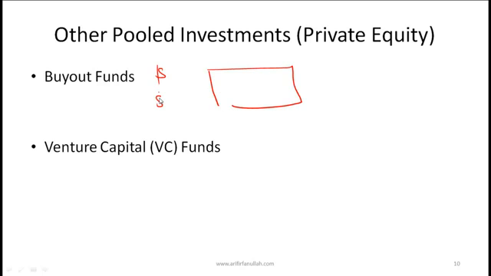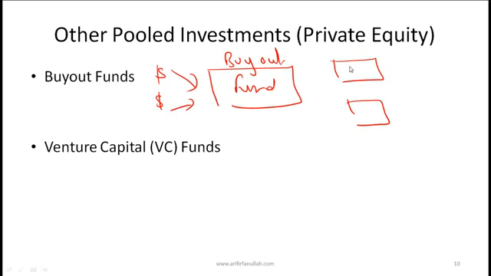From rich investors they collect money. So let's say that this is our buyout fund. The buyout fund will then invest the money in companies. So all the money collected over here is then invested.